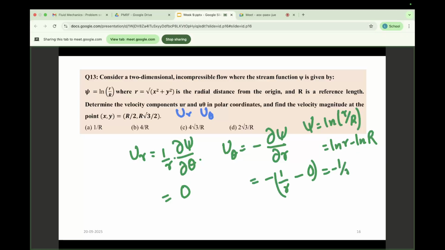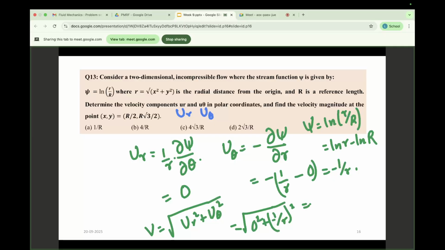That is minus 1 by r. Here the velocity magnitude is asked, so v is root of u r square plus u theta square. That is 0 square plus minus 1 by r, which will be the answer.